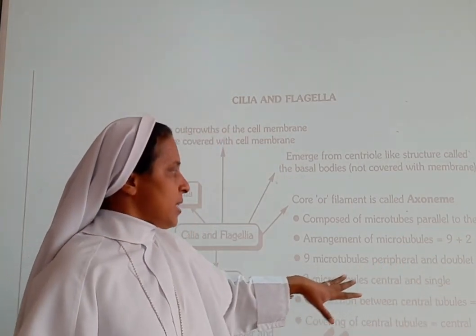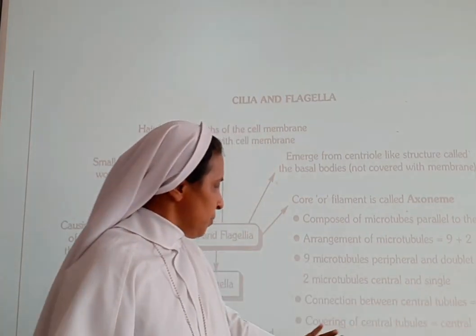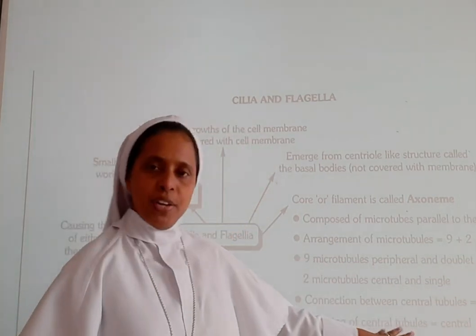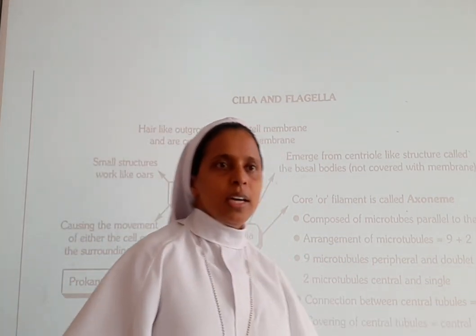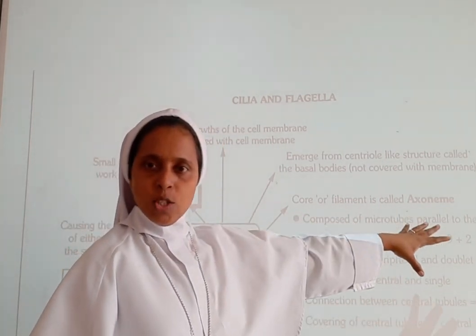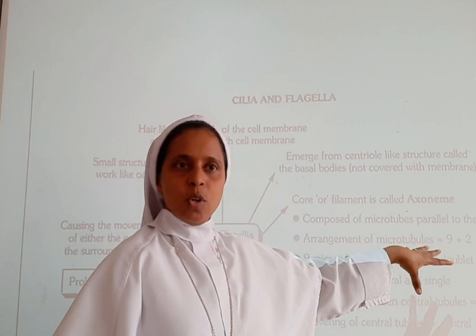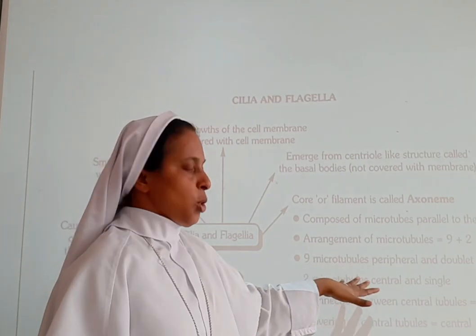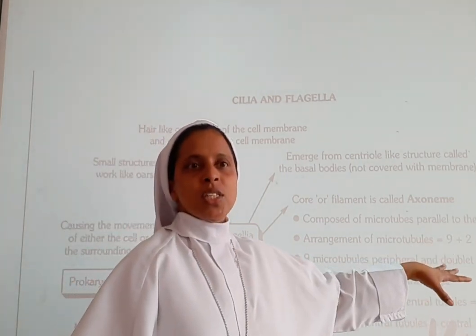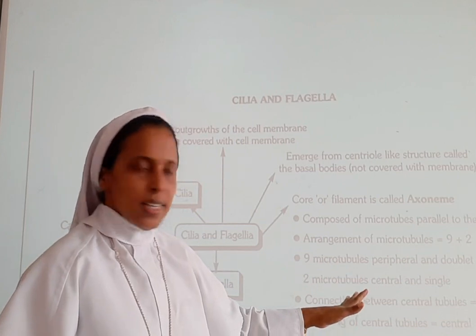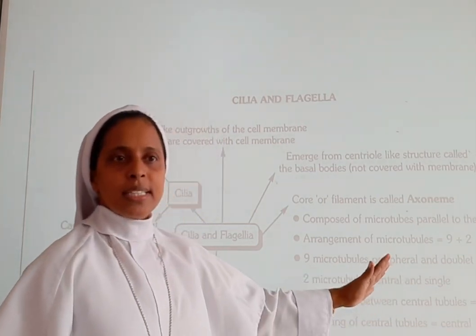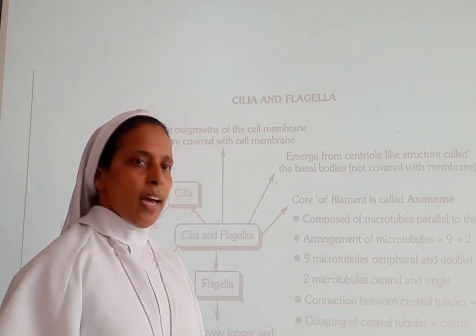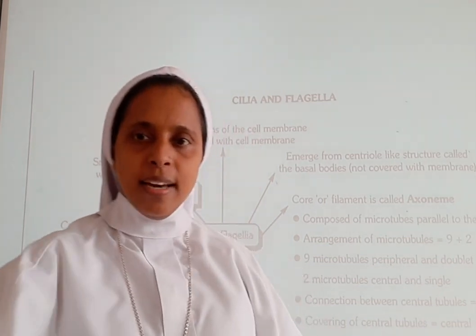The connection between the central tubules is called the bridge. The covering of the central tubules is termed the central sheath. The connection between the peripheral tubules is termed the link. The core of the filament is termed the axoneme, composed of microtubules in the 9 plus 2 arrangement, with 9 doublet microtubules in the peripheral region and 2 single microtubules in the central region.